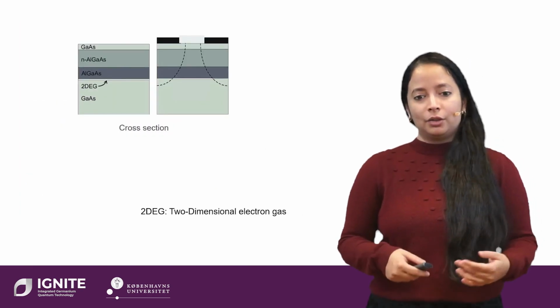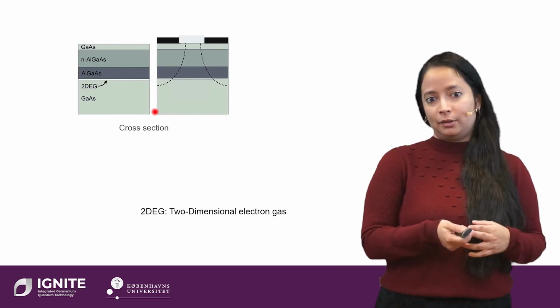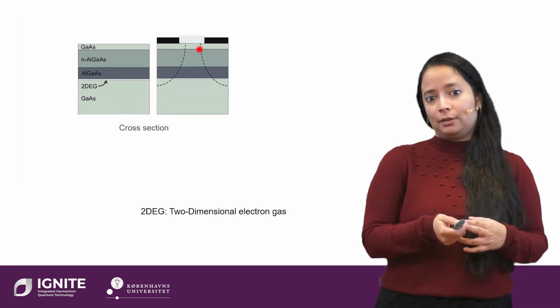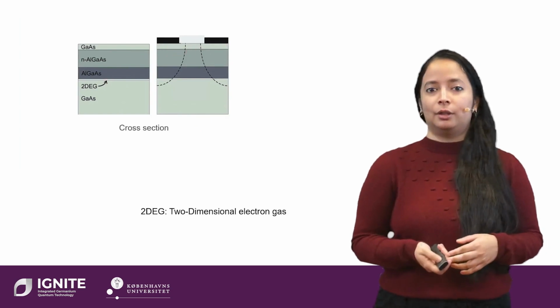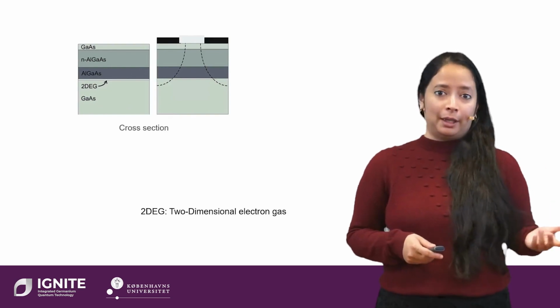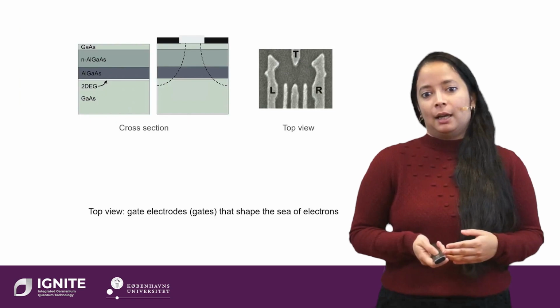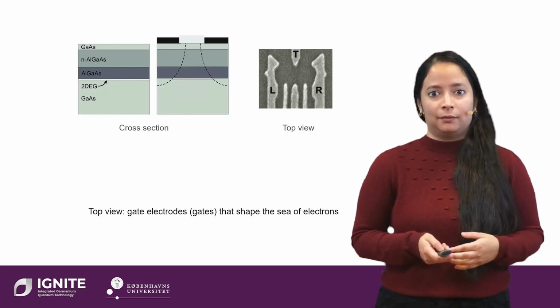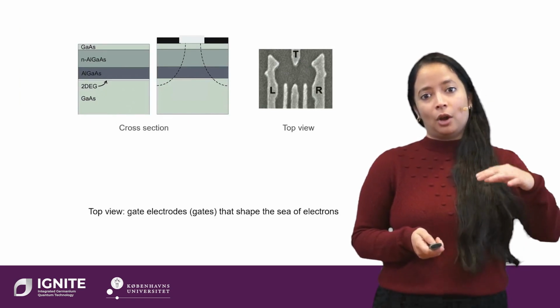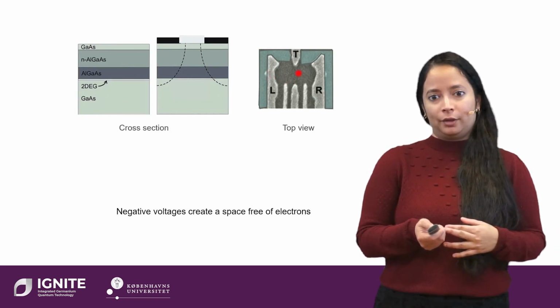For a two-dimensional electron gas, one thing you can do is take your nice material sandwich and put electrostatic gates on top. These are usually metal, and you can apply a voltage to these gates, for example, negative, to repel electrons, which are also charged negatively. If you apply such a negative voltage, you will see that from the top view, there will be a region of space where there are no electrons.